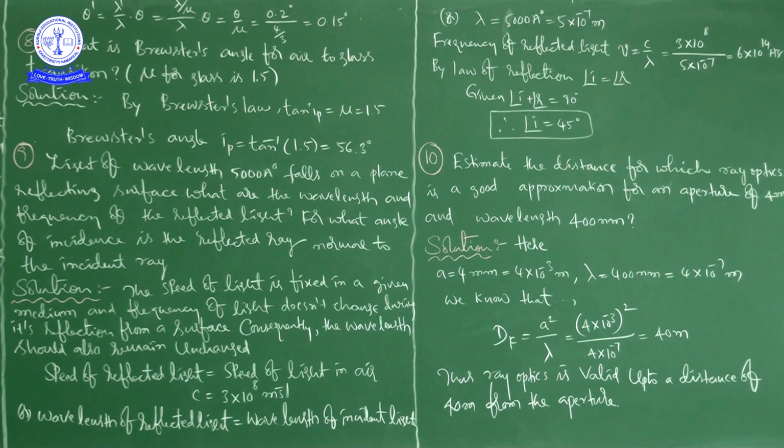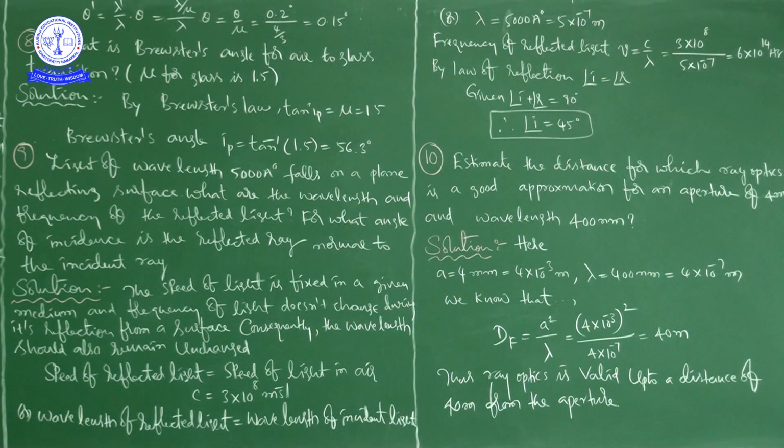Up to 40 meters, light behaves as a ray, that is, ray optics is valid, so light propagates in the form of a ray. After that, the validity of wave optics starts. So for this aperture and this wavelength, 40 meters is the distance up to which ray optics is valid.